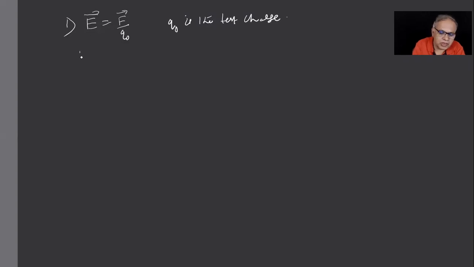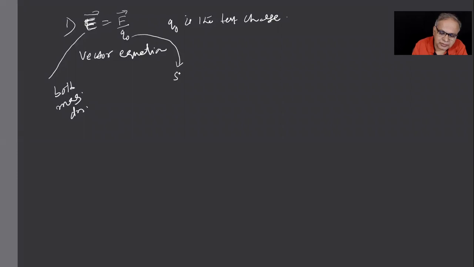But remember, this is a vector equation, right? What do I mean by that? Vector E means it involves both magnitude and direction. This is a vector quantity. Remember, this charge is scalar.